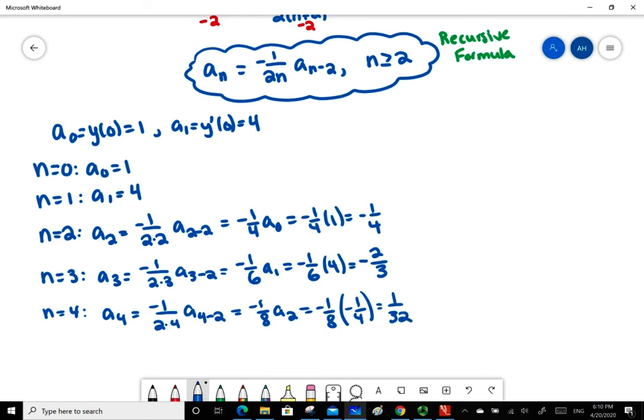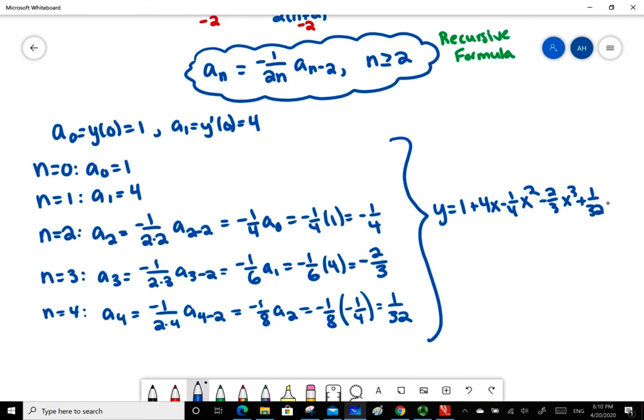Now that we have 5 non-zero coefficients, we can stop and write that y is 1 plus 4x minus 1/4 x squared minus 2/3 x cubed plus 1/32 x to the 4th, and then it keeps going.